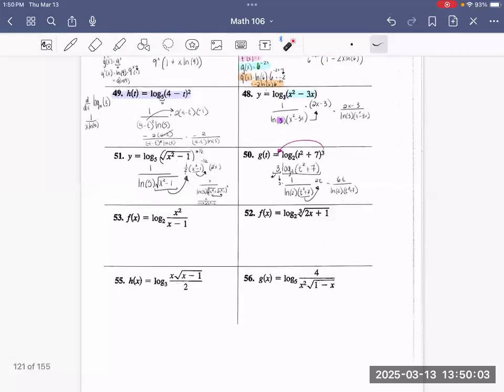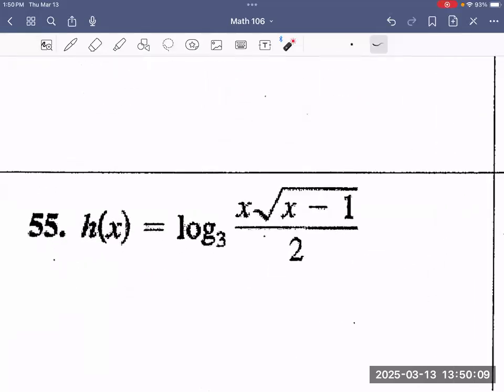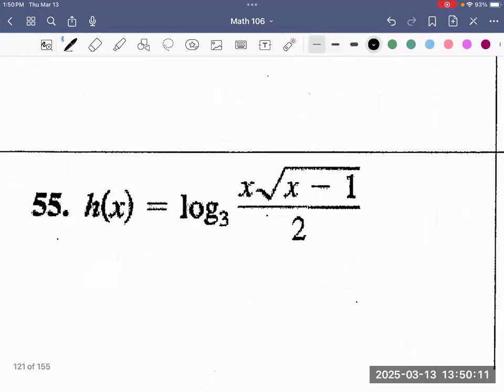I'll complete maybe one more. Maybe complete this one. You'll notice that this 2 on the bottom is really a 1/2 out here. So we have log 3 of 1/2 times x square root of x minus 1.